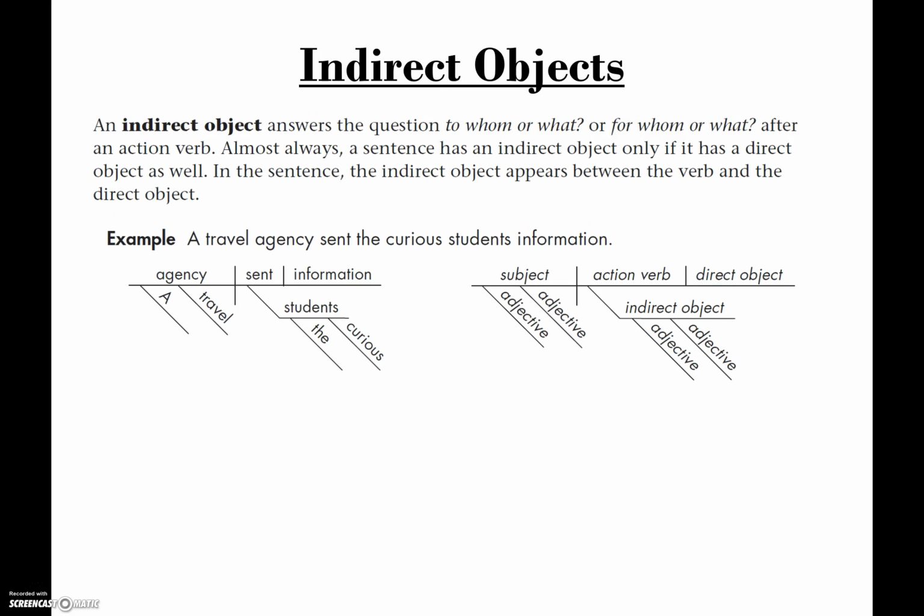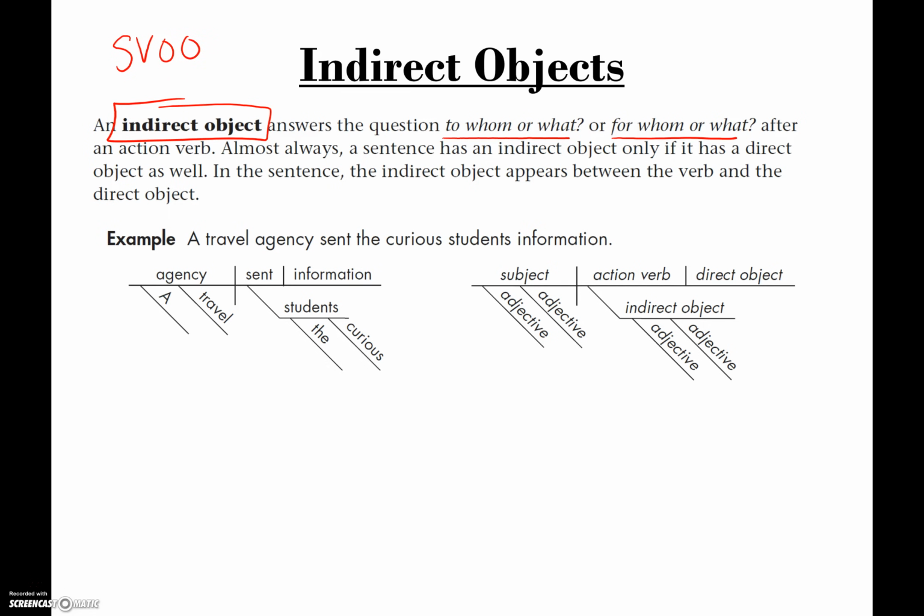Now with indirect objects, if you have a sentence that is also answering the question to whom or what, or for whom or what, we're talking about an indirect object. Now most of the time, almost always, if you have an indirect object, you're also going to have a direct object. If we're looking at sentence patterns here, we're talking about SVOO, subject, verb, indirect, and direct object.